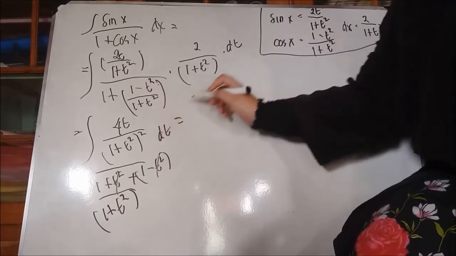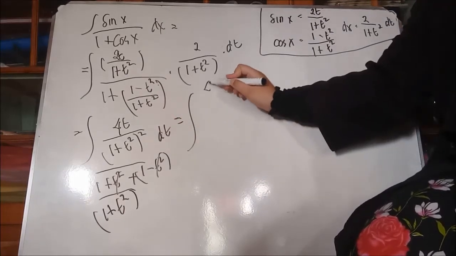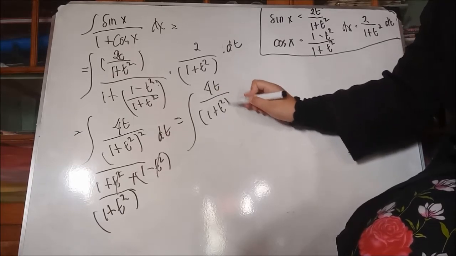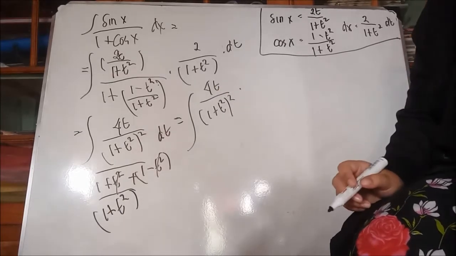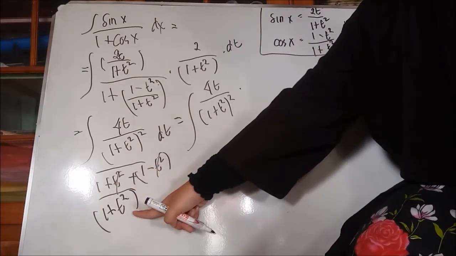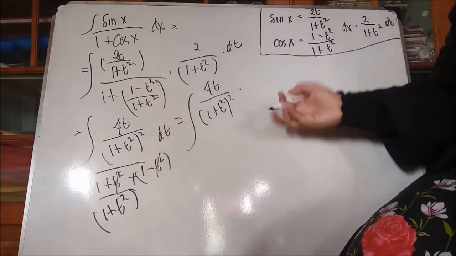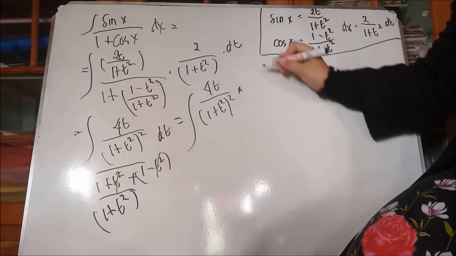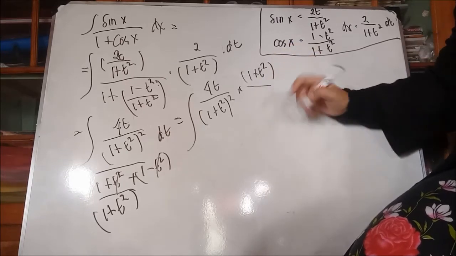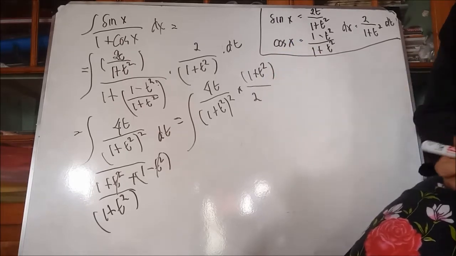We have the dt, the integral, we have the 4t over 1 plus t square times, and in here we have 1 plus 1 is 2, and we have the 1 plus t square, so by multiplying in here we can get 1 plus t square over 2, right?